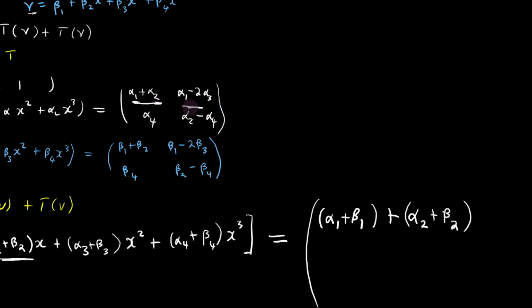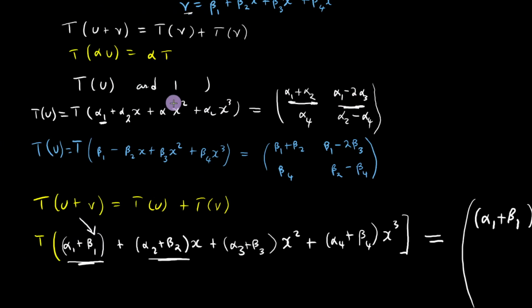Okay, then the second entry here is saying you should get the constant, which is alpha 1. In this case, the constant is alpha 1 plus beta 1. Then you subtract 2 times alpha 3. Alpha 3 is the coefficient of x squared, and in this case, the coefficient of x squared is this.